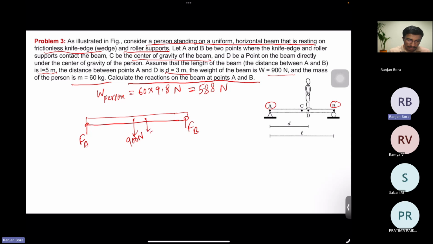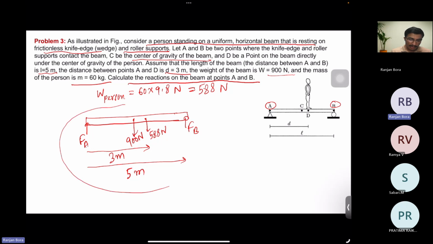So 588 Newton force will be acting at the point D. And what are these distances? This distance is given 3 meter, and L is given 5 meter. So you got the free body diagram.